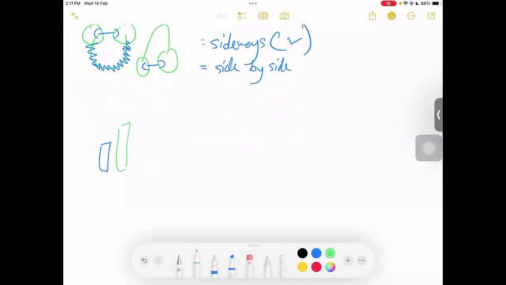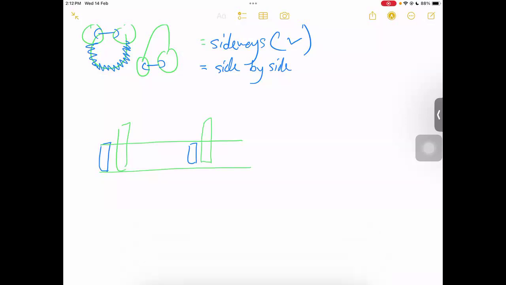Let's say, for the best structure it needs to be like this, side by side. But the market will not always give you the same as this.